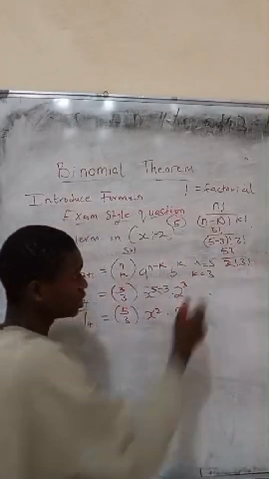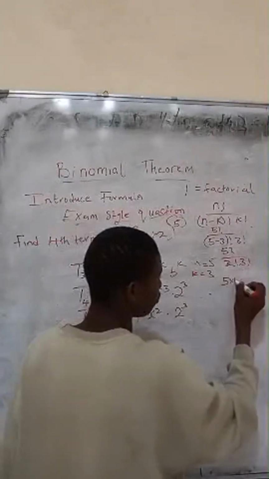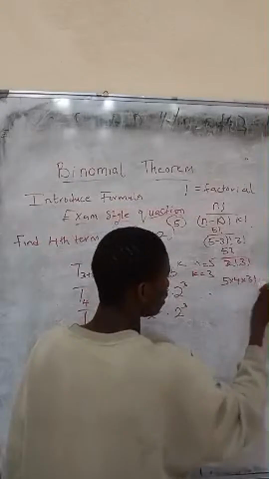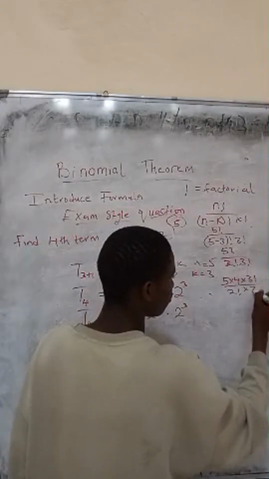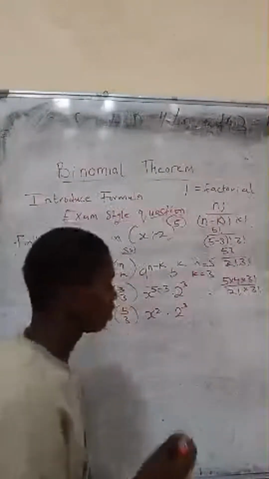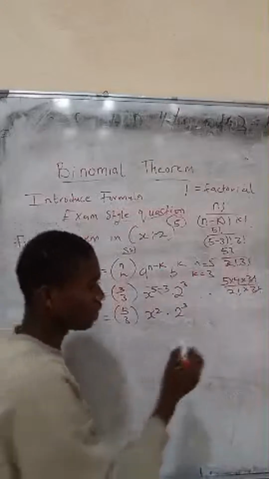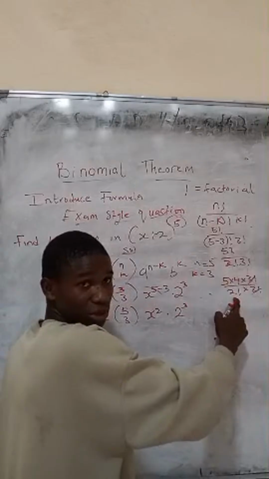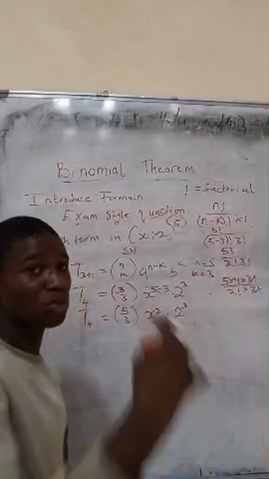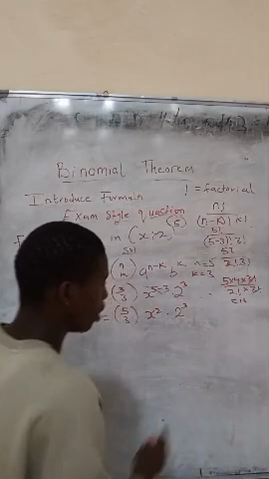So I can further break this one down to be 5 times 4 times 3 factorial all over 2 factorial times 3 factorial. So from this point, my 3 factorial will cancel my 3 factorial. You understand? So what I will be left with is 5 times 4, which is 20. 20 divided by 2 factorial, which is 2 times 1. So 20 divided by 2 is going to give me 10. So we are putting that part as 10.